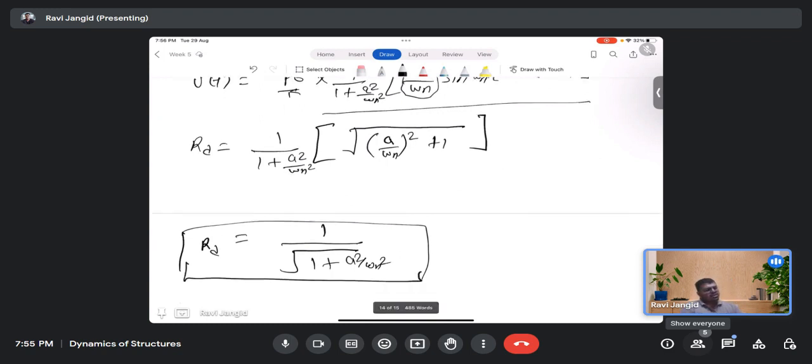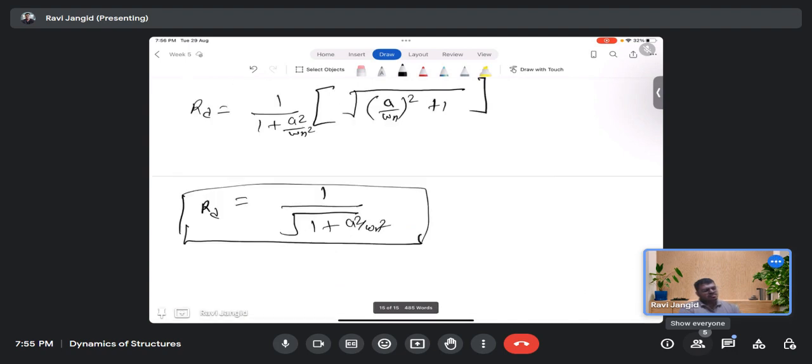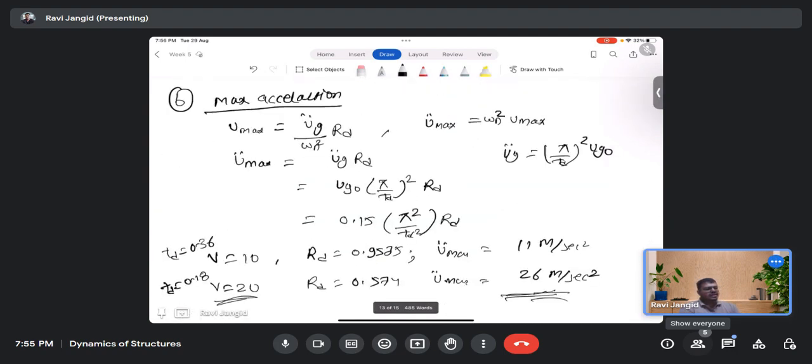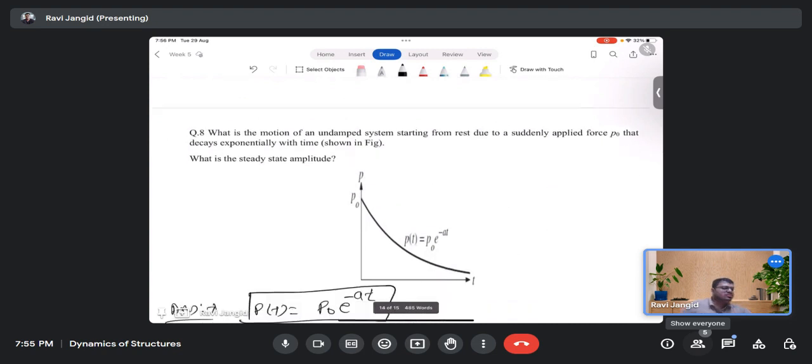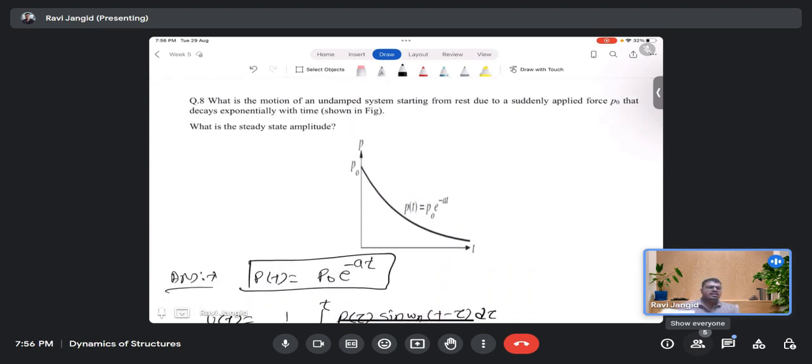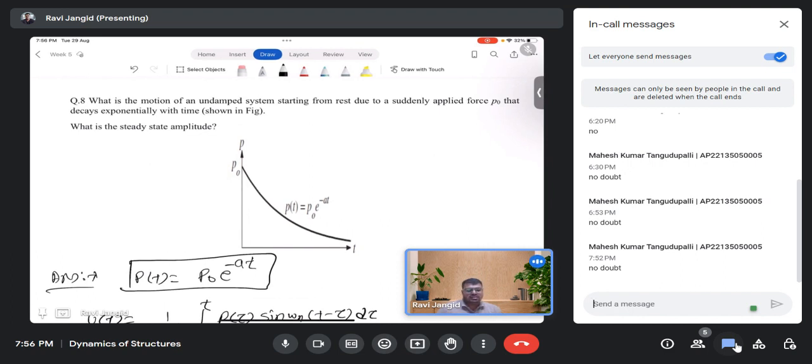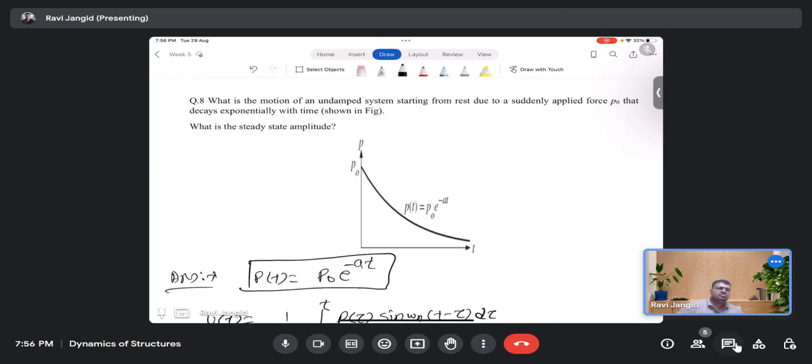So is there any doubt in any of the questions? We have solved 8 problems. So if you are facing any doubt in any problem, you can discuss it here. Is the Duhamel integral applicable for the nonlinear system also?